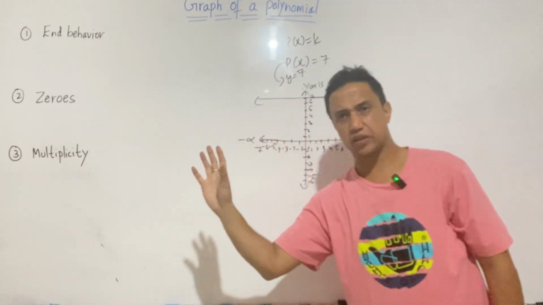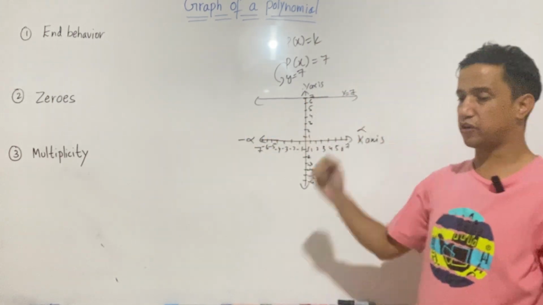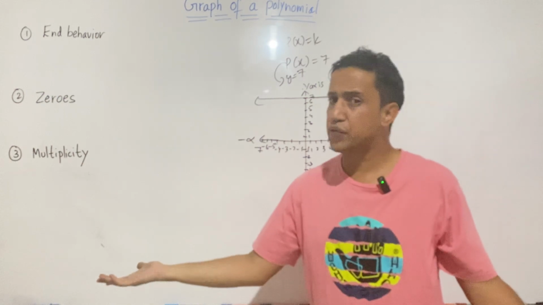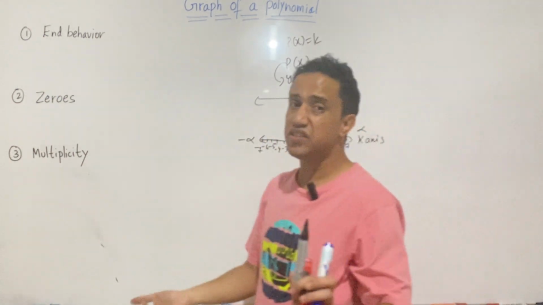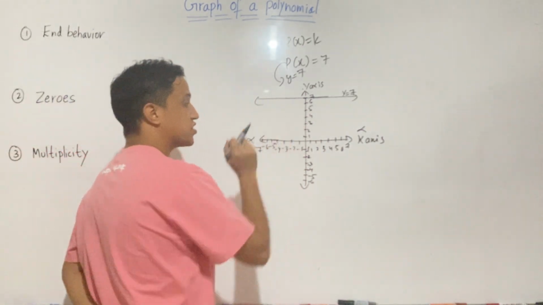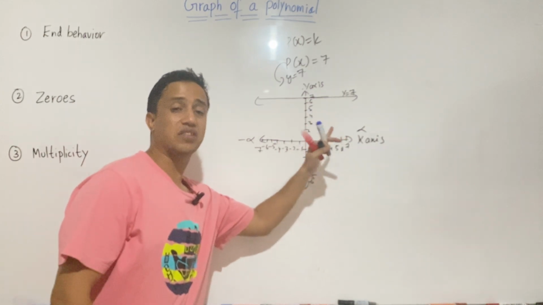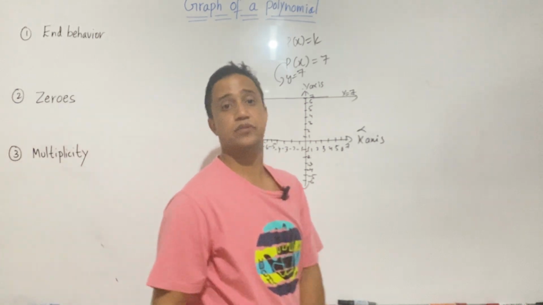We don't talk much about sketching the graph for a constant polynomial, because this polynomial has no zeros, because zeros do not exist. When zeros exist, the graph will cut or touch the x-axis and make an x-intercept there.